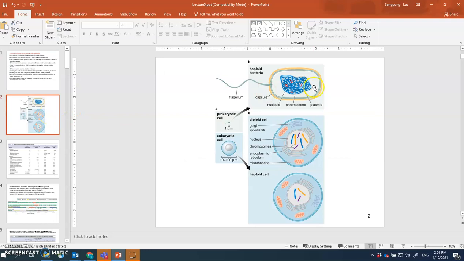So I'll simplify the structures of prokaryotic versus eukaryotic cells, but they don't represent true size. Normally prokaryotic cells are maybe 100 or 1000 times smaller than eukaryotic cells. We are talking about the nucleoid, that structure where chromosomes are found. They have a cytoplasm space where things are all together.